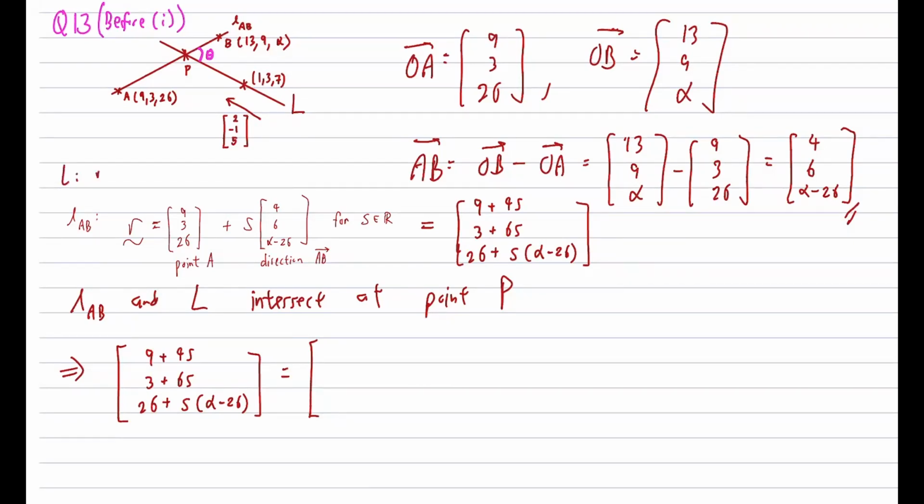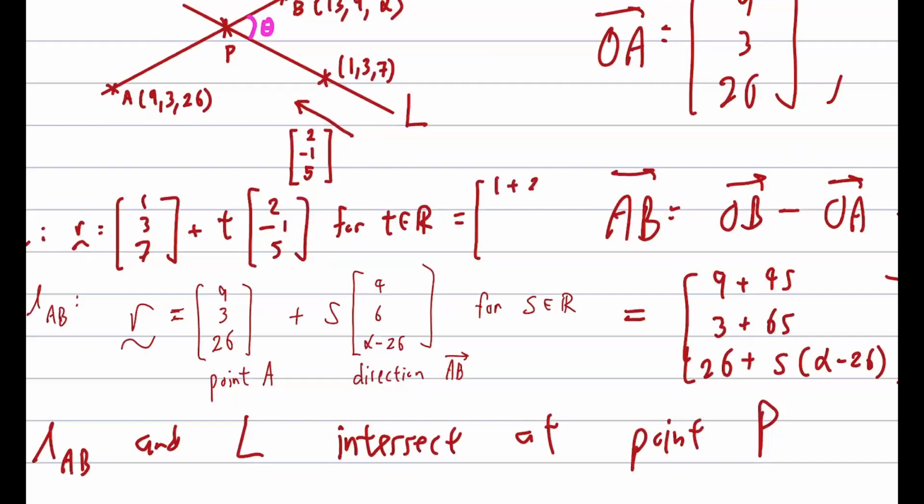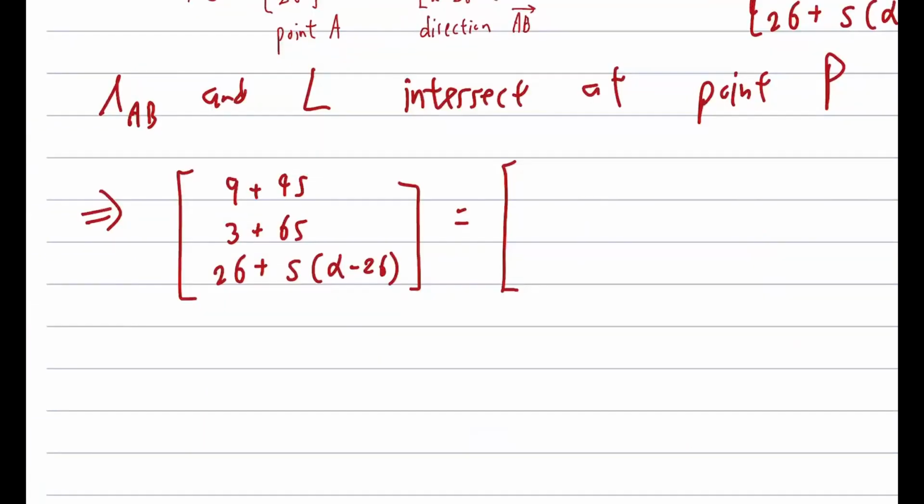L here would be r equals to a point, which is (1, 3, 7), plus t times the direction vector (2, -1, 5) for t element of real numbers, which is exactly equal to, just simplify it as a single vector, (1 plus 2t, 3 minus t, 7 plus 5t). Correct? Yes, right? Okay, then we can copy this down and equate.